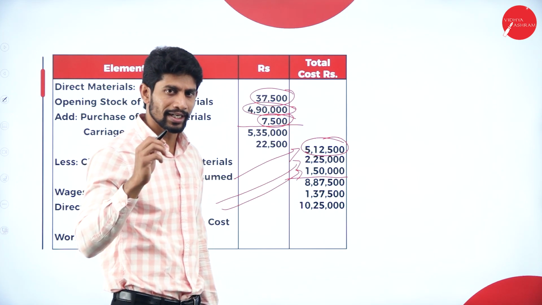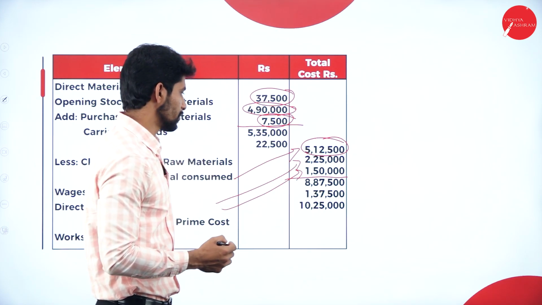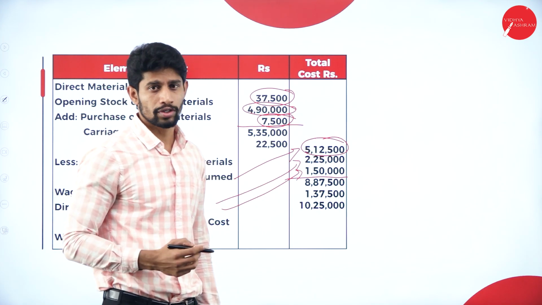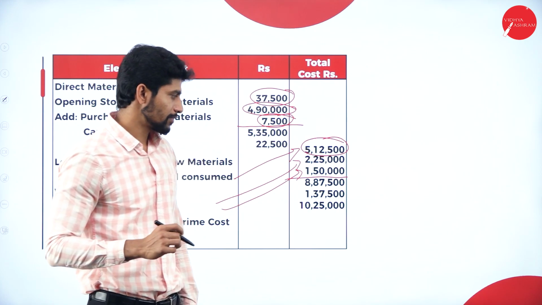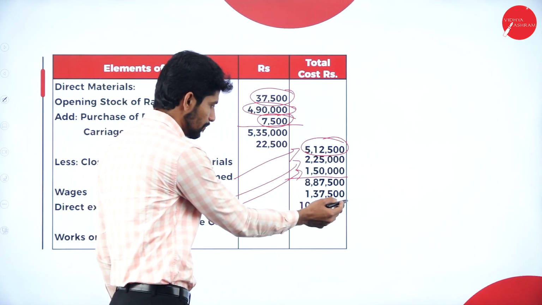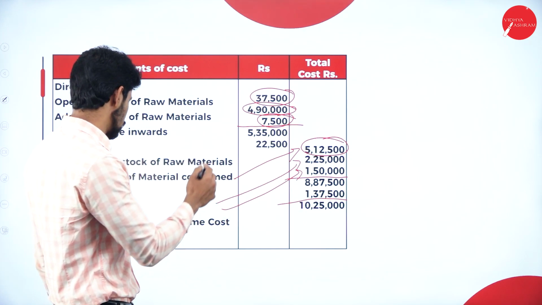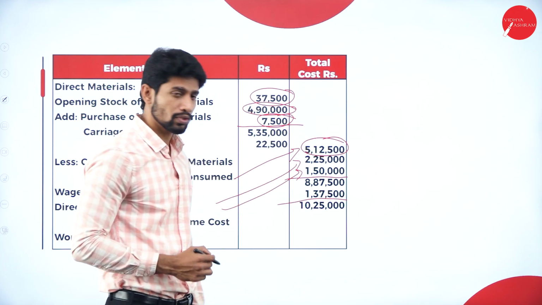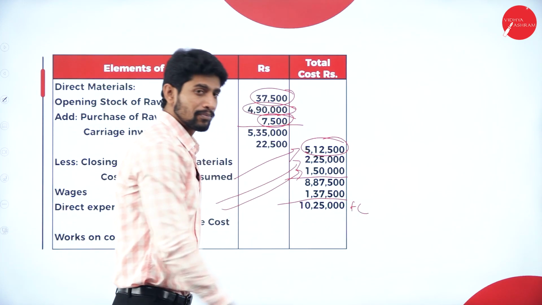And next, to that 8,87,500, you're going to add the work cost, that is factory cost of rupees 1,37,500. You're going to get the total of 10,25,000. This 10,25,000 is called what? Work cost or factory cost.